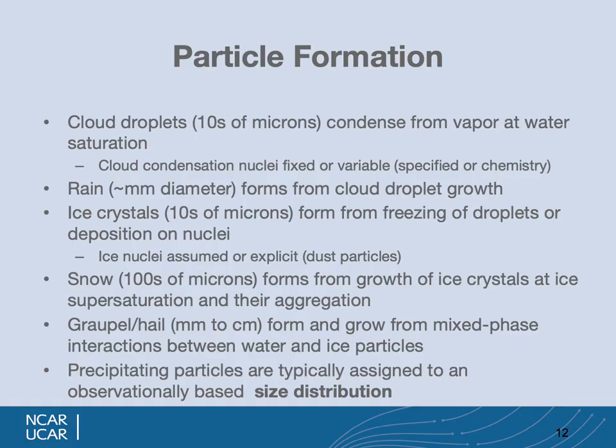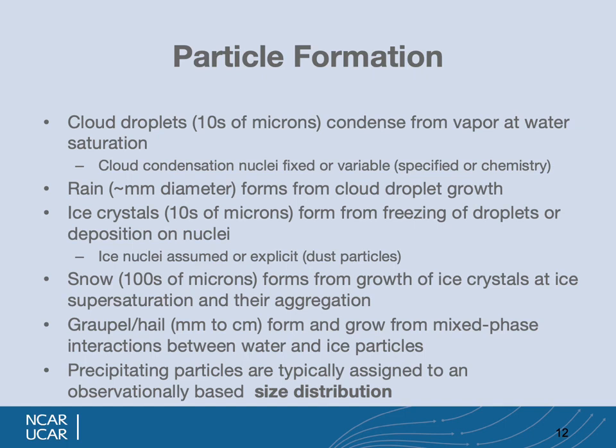Ice crystals are tens of microns and form from freezing of droplets or deposition onto ice nuclei. So at cold enough temperatures at ice saturation, you can produce ice crystals from just deposition onto nuclei. Nuclei are assumed to be present always, but when you run chemistry, you can predict nuclei, which are basically dust particles.